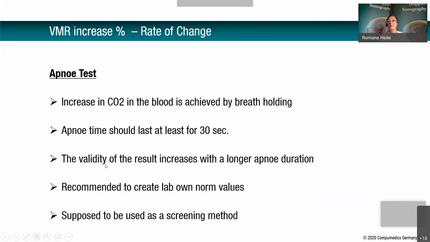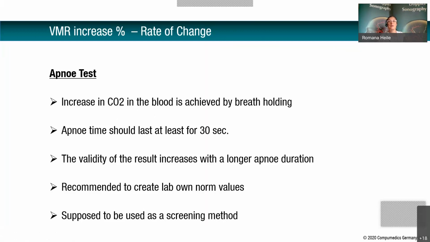The apnea test, meaning different ways of test using breath holding, means that the CO2 concentration in the blood is forced up by breath holding, and therefore you have to be very careful, because the velocity inside of the brain can change, not only because of the CO2 increase.